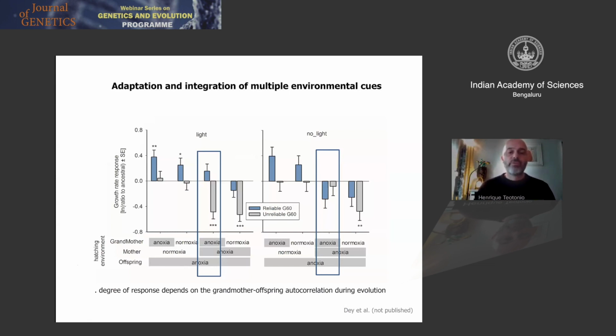Okay. We further think that this response depends on the grandmother-grand-offspring autocorrelation during evolution.